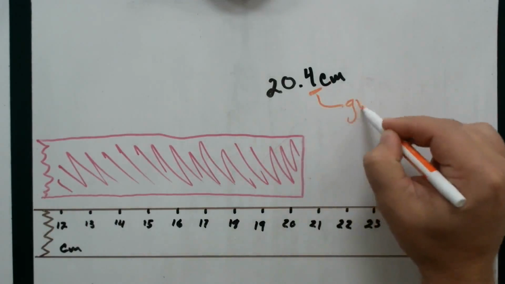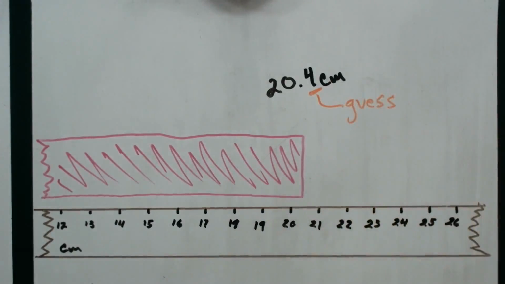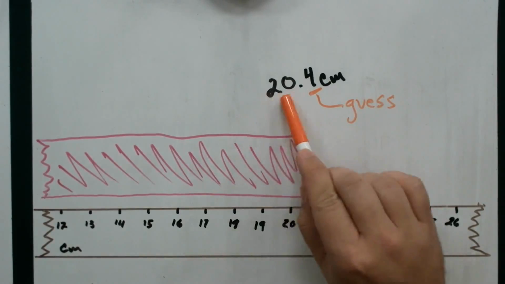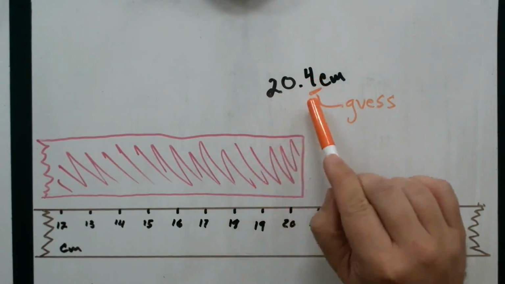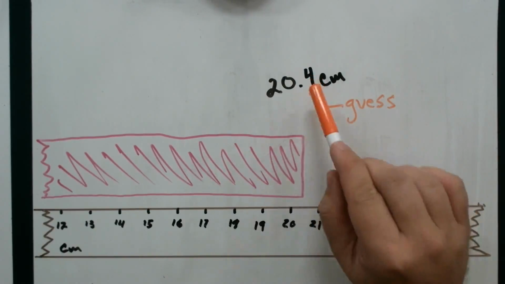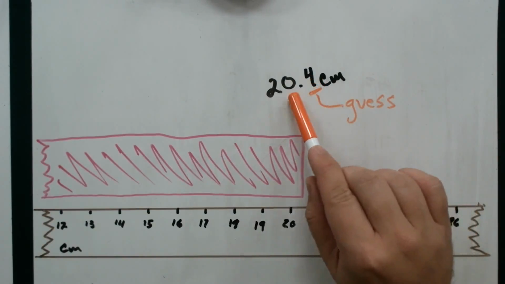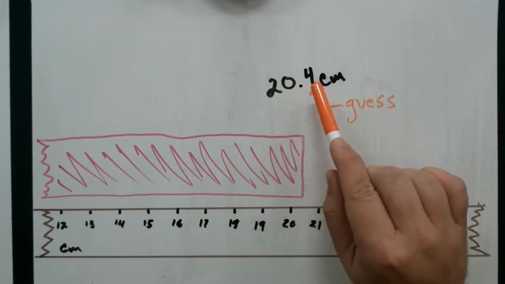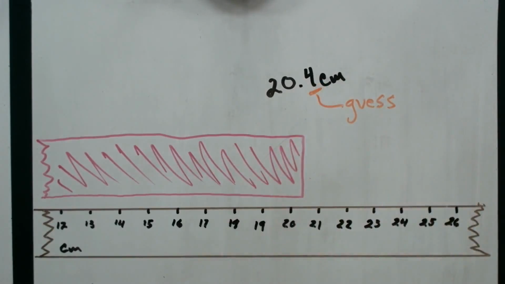You must always include your guess when you're making a measurement for it to be a correct measurement from a scientific standpoint. So we know this, we guessed that. I have 0.4 as our estimate. So our guess is in the tenths place. We know the ones place, the guess is in the tenths place. We're going to do a couple more examples, and hopefully this will make sense when we're through.